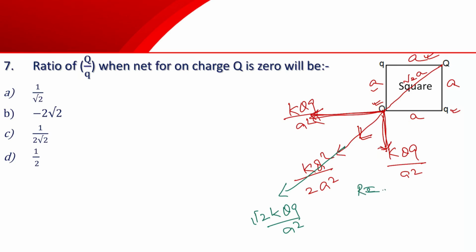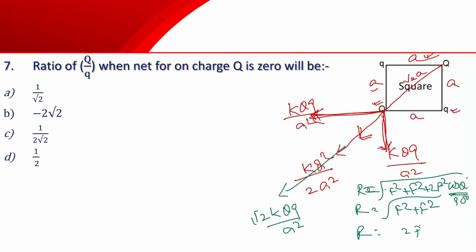We know the formula R equals under root of F square plus F square plus 2 F square cos theta, because these two are equal forces. Here theta is 90 degrees. If you put cos 90, then this becomes 0, so it remains as such. So R will be equal to under root of 2 F square, that gives root 2 F. F is a physical quantity, a vector. So this vector and this vector are both the same vector, so from this we can write this.